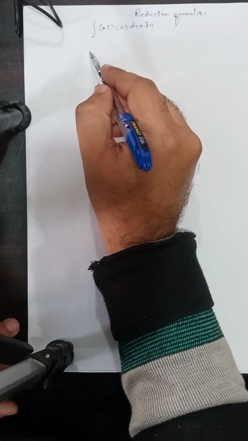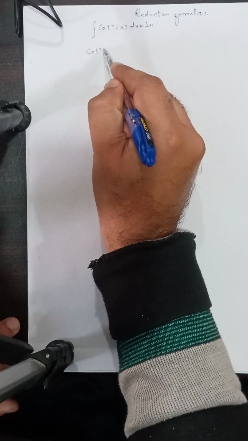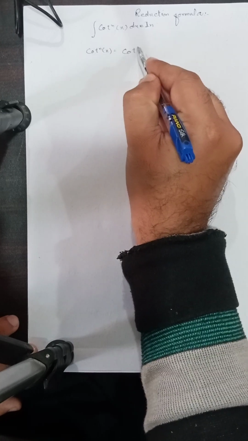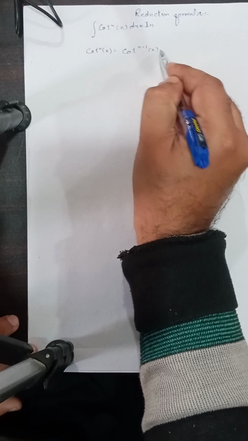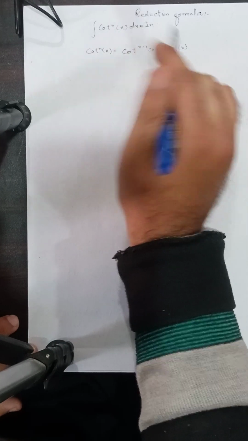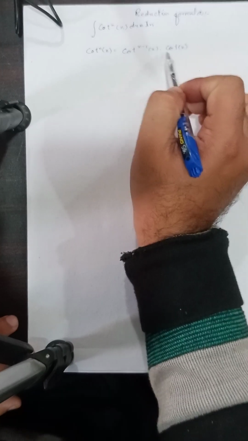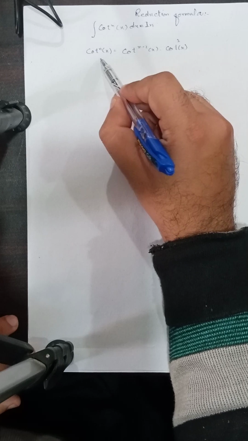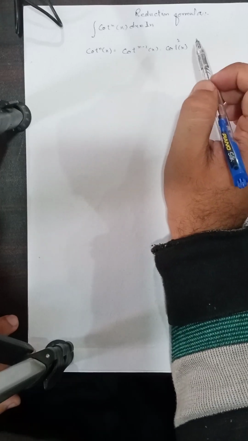So cotangent n of x is equal to cotangent power n minus 2 of x with cotangent square of x. Because the base is the same, the powers will be added, so cotangent power n minus 2 of x times cotangent square of x is equal to cotangent power n of x.